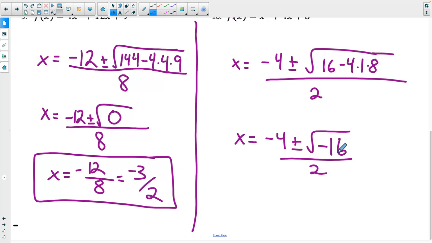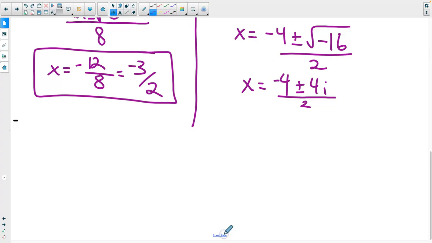So the square root of negative 16 is? What? Not negative 4. 4i. Yeah. So that negative just becomes an i. So I get 4i divided by 2.